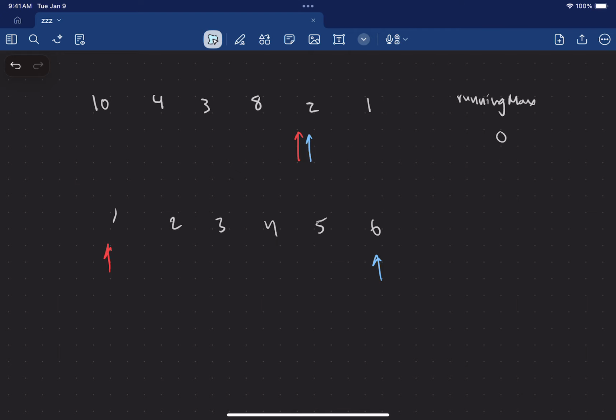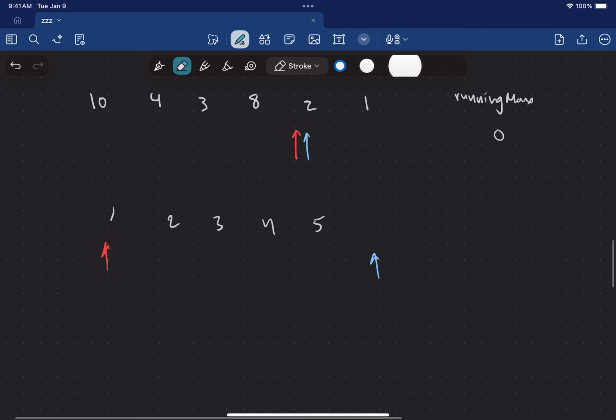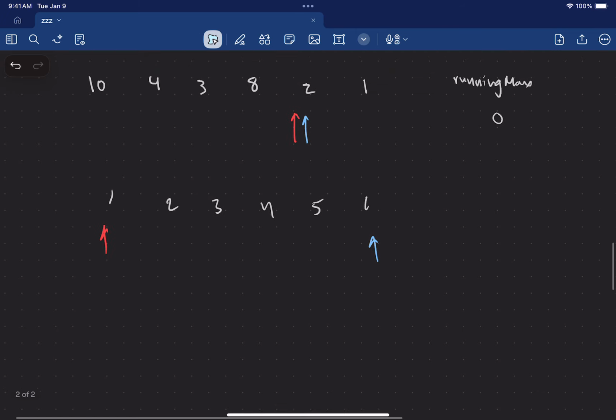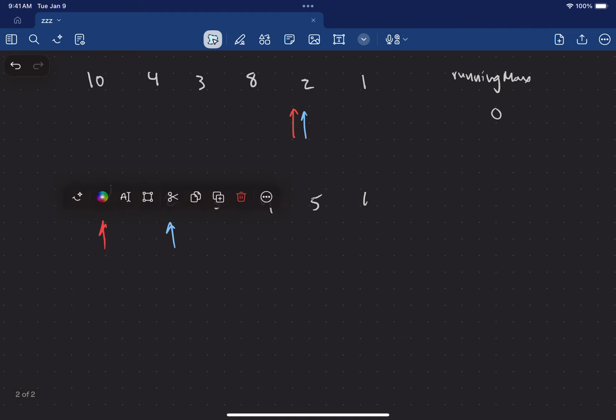So if the last number ends up being a 1, let's track that out real quick. In that case, we start here, right? Profit of 1, profit of 2, profit of 3, profit of 4, profit of 5. This is going to be a profit of 0, but we're not going to replace the running max, right?